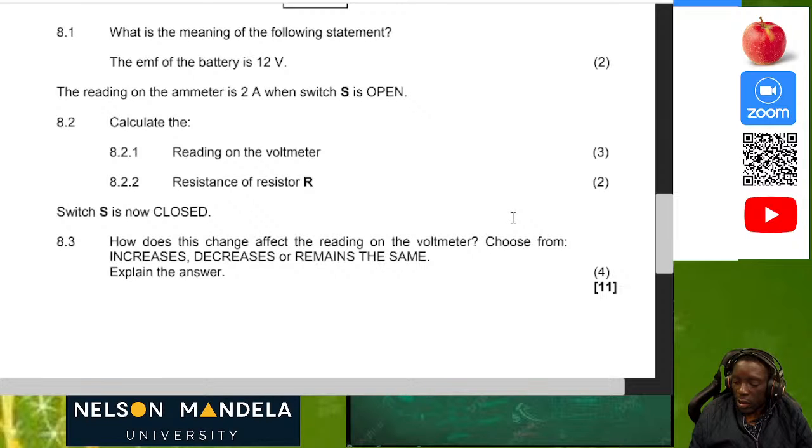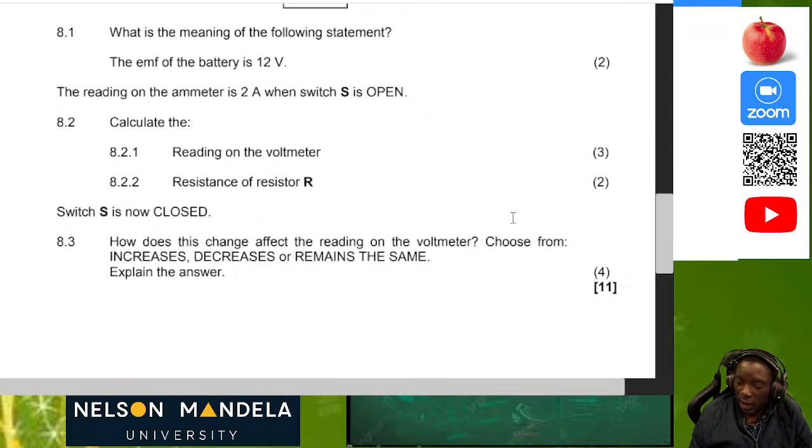So this was E minus VR minus VR equals 0. The sum of all EMFs and potential differences in a closed loop is equal to 0. This is what we call Kirchhoff's law. For those that would have come across it, that's the principle of conservation of energy applying there.